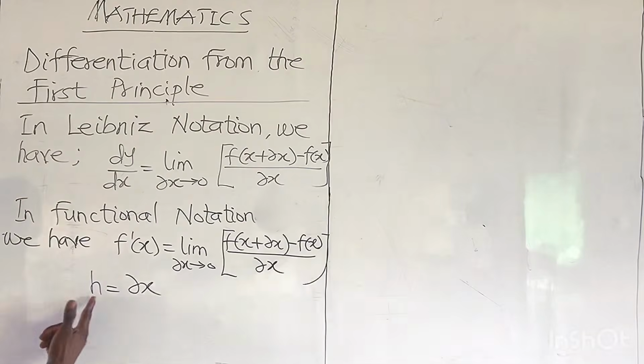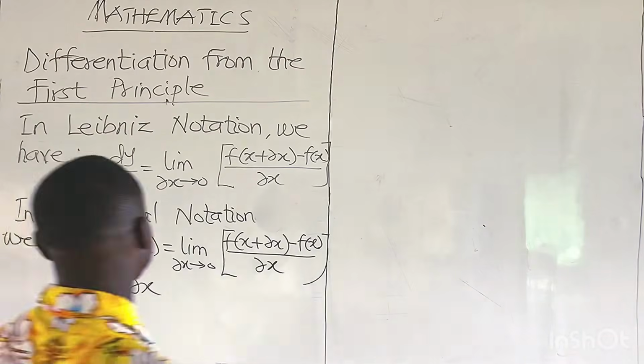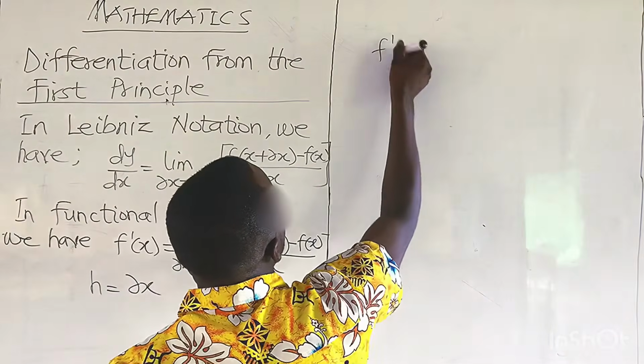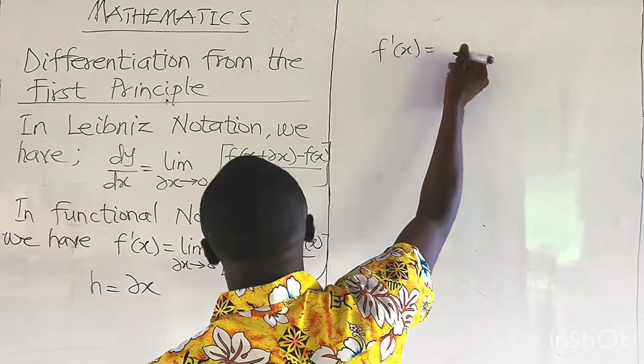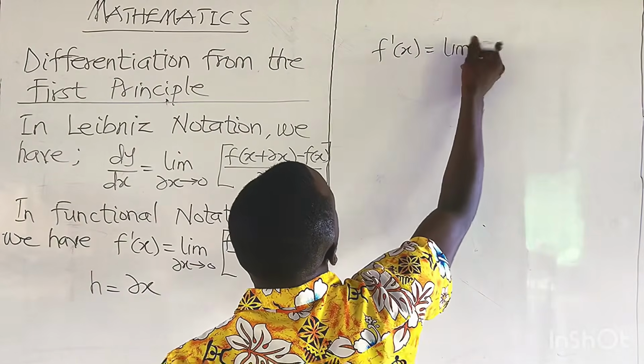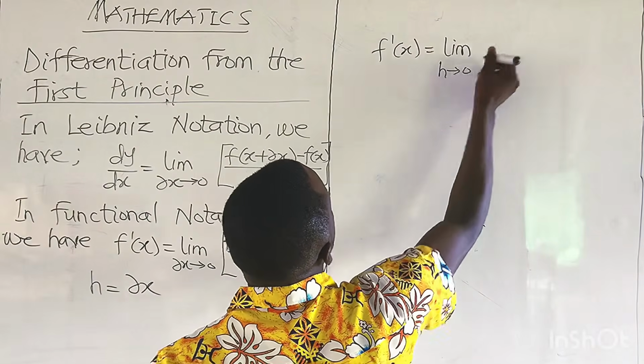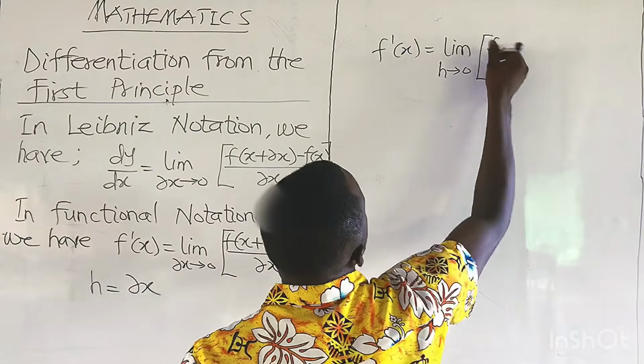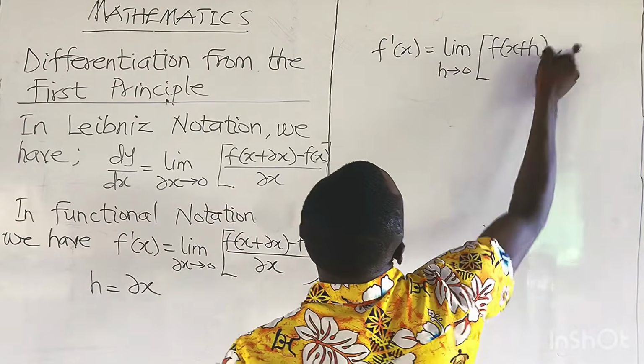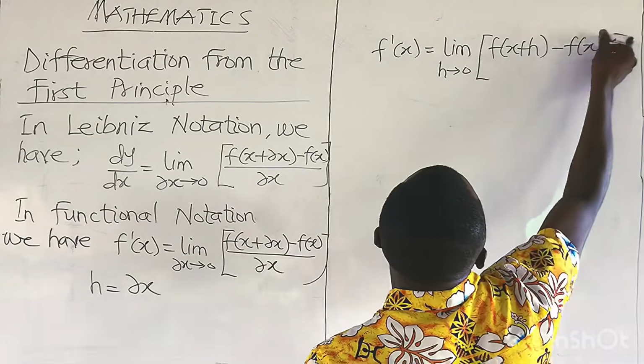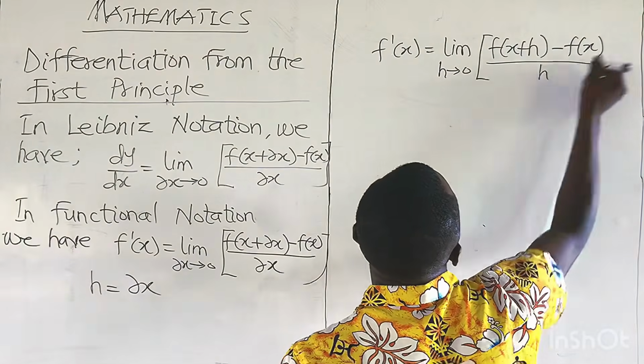Simply, we can make substitution of h in the various notations. In that case, f prime of x is equal to the limit as h approaches 0, f of x plus h minus f of x all over h.